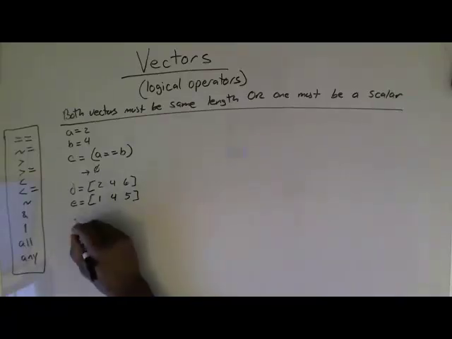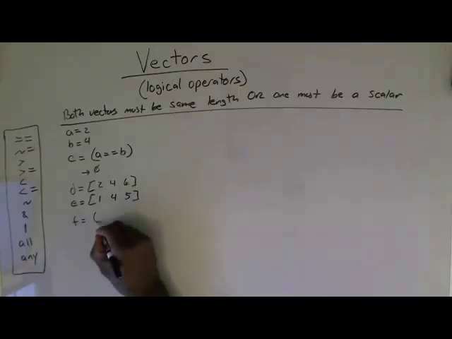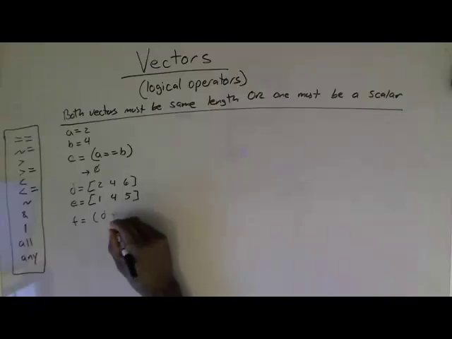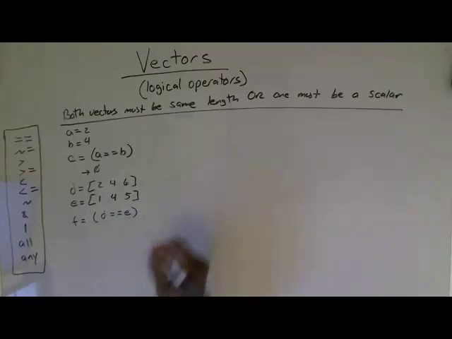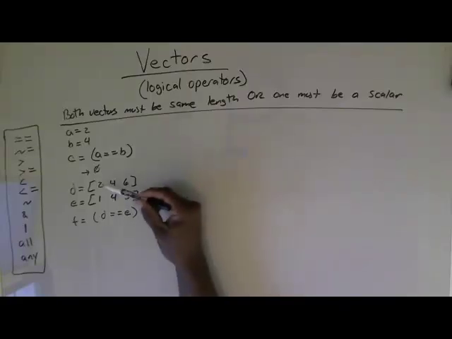We can do the Boolean of these 2 vectors. So I say F equals D equal to E. Now what that's going to do is an element by element Boolean expression of equal to between each one.